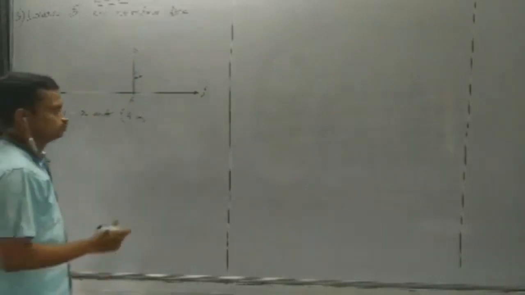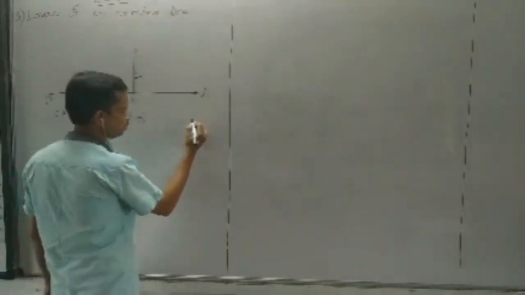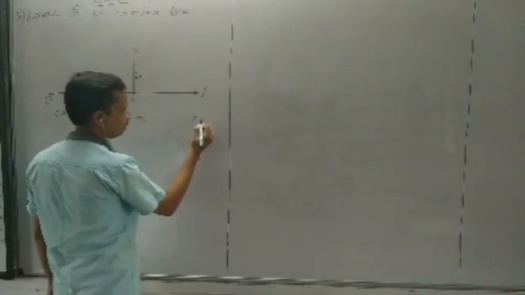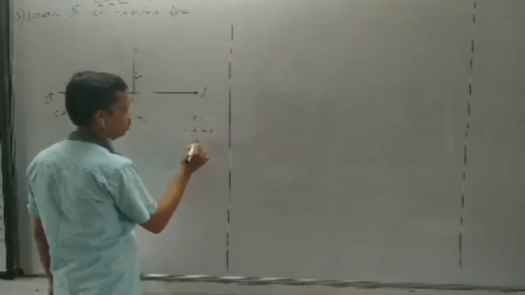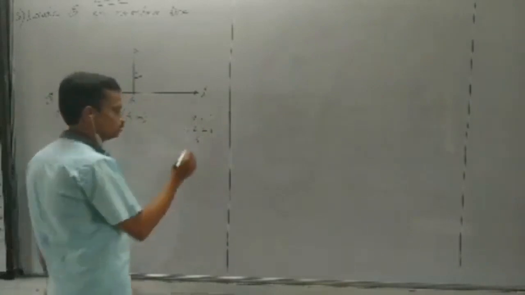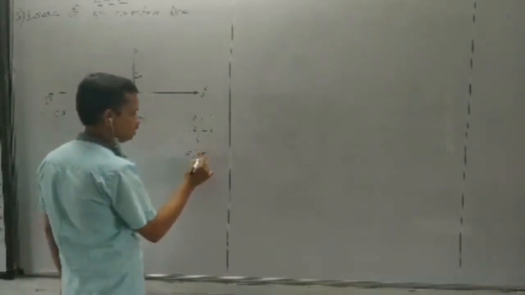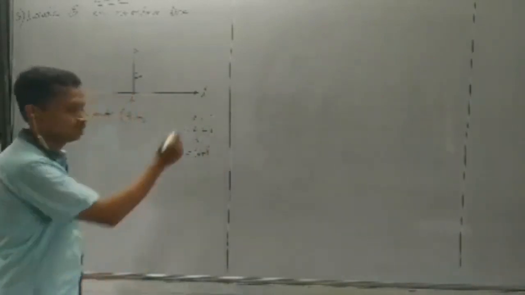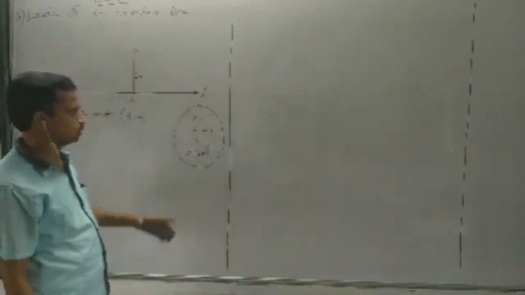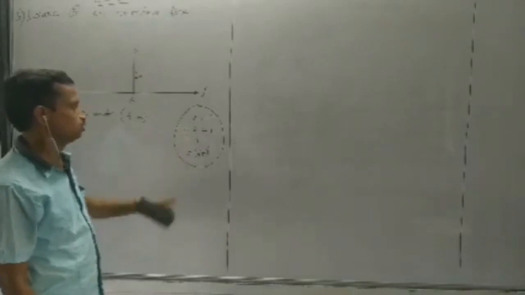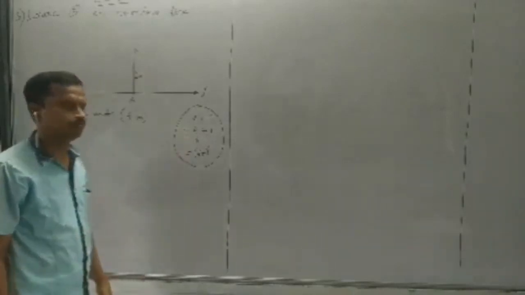Why, sir? Because 2 square plus 1 square is 4 plus 1 equal to 5. So 5 is what? Root 5 the whole square. So now you got the Pythagoras. As per Pythagoras, 2 square plus 1 square, we get 5.